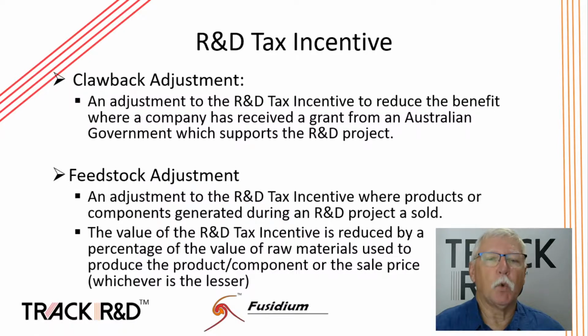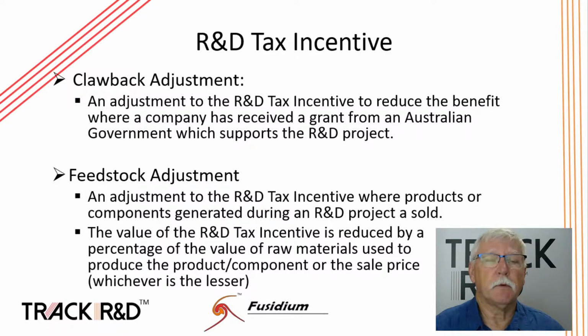The principle at work here is that the government does not wish to be providing both grant support as well as allowing the company to claim a benefit from that grant in addition under the R&D tax incentive.